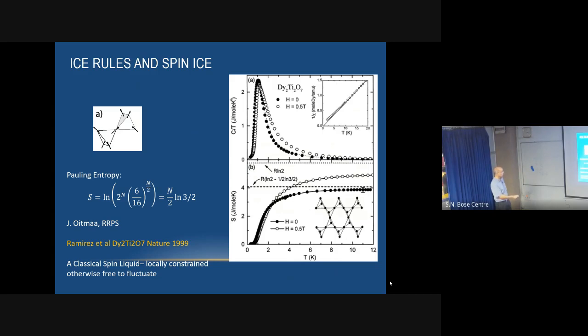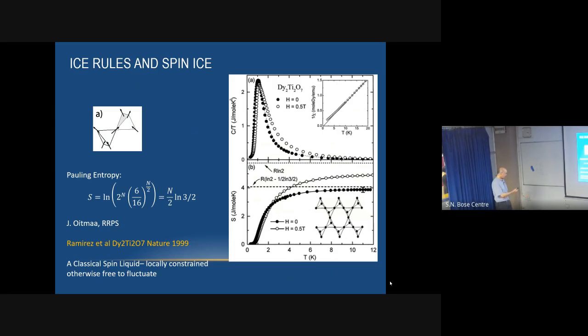So that means that if you think that this is R log 2, then there is a frozen-in entropy of the Pauling magnitude at low temperature. And that was basically the first experimental observation of this Pauling residual entropy. And of course, if you apply a magnetic field, then it should go up and ultimately go to R log 2.